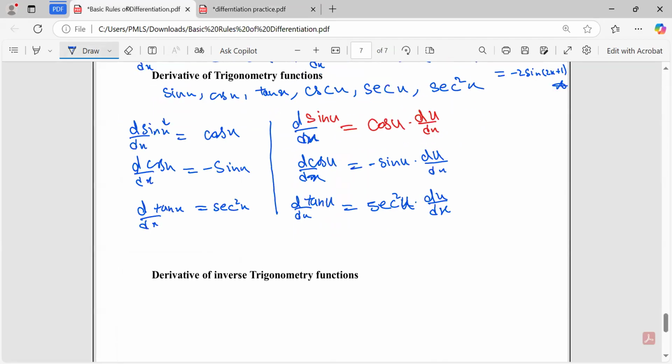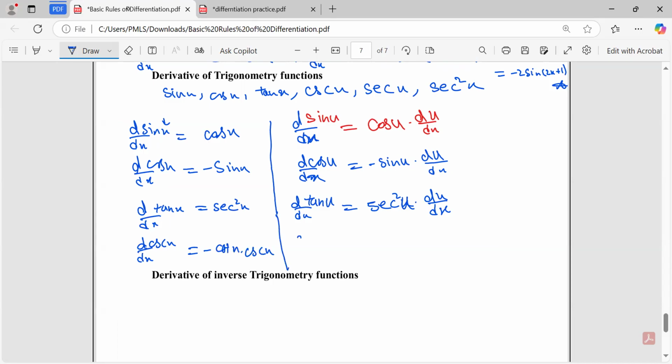In the same way, if you need to find the derivative of its reciprocal, after tan we have cosecant x. So d by dx of cosecant x will be equal to minus cot x times cosecant x.